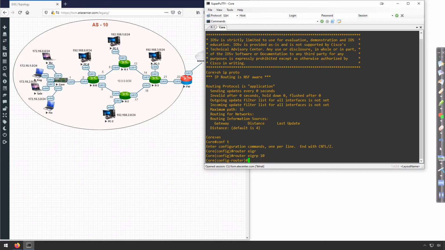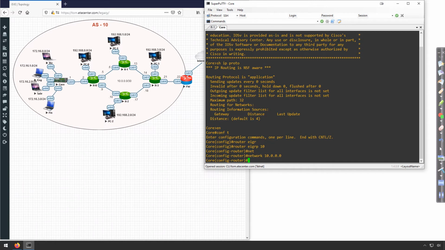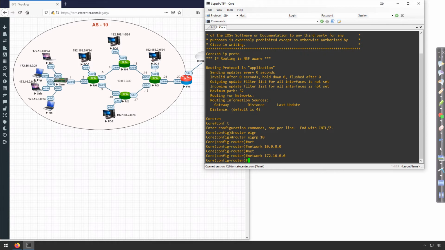This time we'll start with the interconnected network first, network 10.0.0.0. Now for all the VLANs, since they begin with 172, that is a class B, so all we have to do is network, the first octet followed by the second octet. And you see here it does not have any adjacency due to router 0 again not running EIGRP.